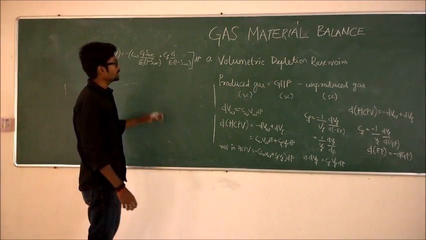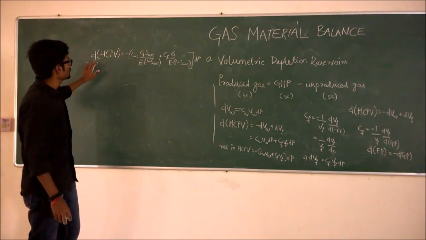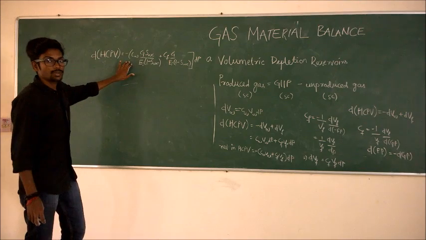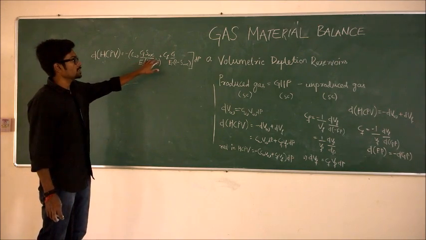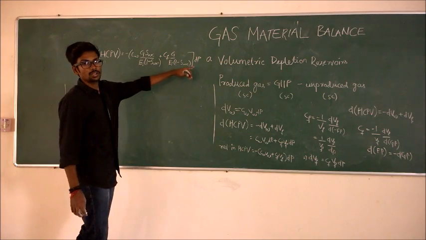I have rewritten this equation for the reduction in hydrocarbon pore volume, which is minus CW into G by EI into SWC by 1 minus SWC plus CF into G by EI into 1 minus SWC into dP.